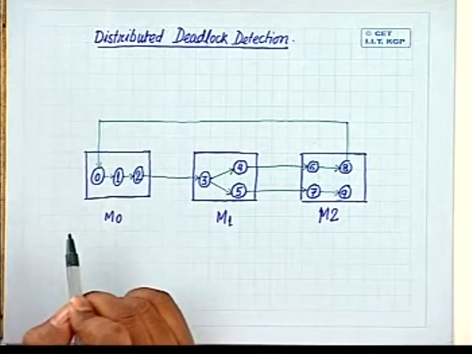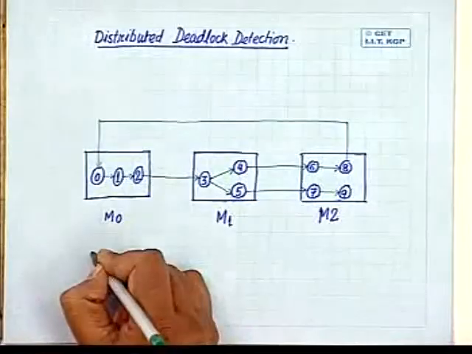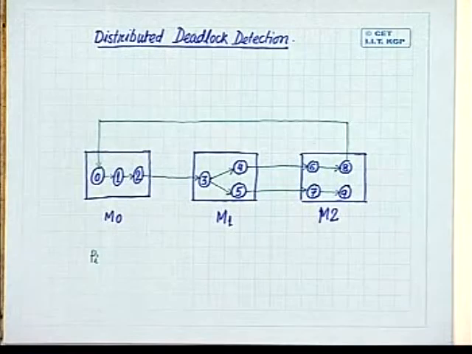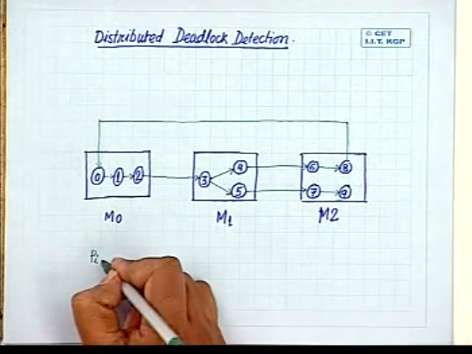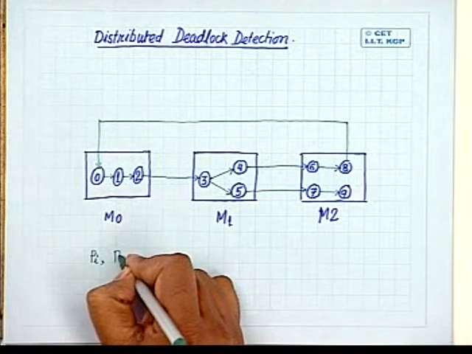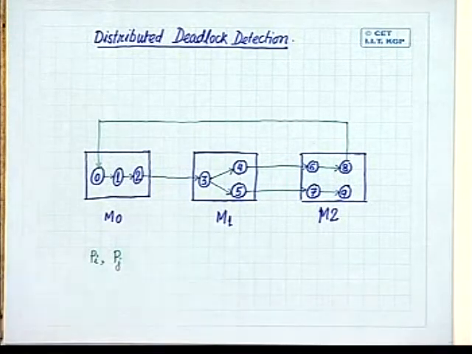So whenever a process is blocked, that particular process generates a message. Okay. The message consists of three components. It will consist of the process number of the process which is being blocked, Pi. Then it will have another process number Pj, which is the process generating the message.